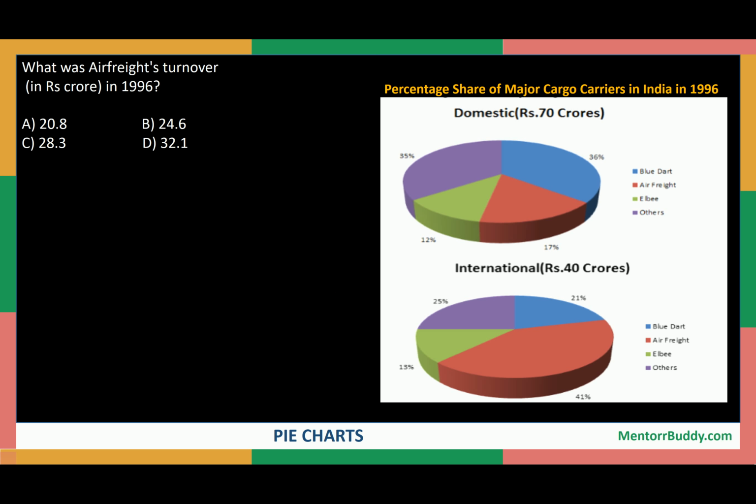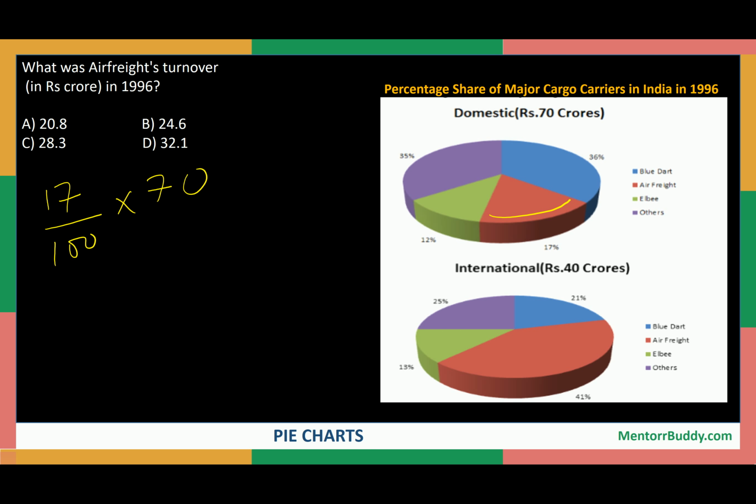With the traditional method, we need to find the domestic turnover of air freight, which from the chart is 17%. So we need to find 17% of 70: 17 divided by 100 multiplied by 70.